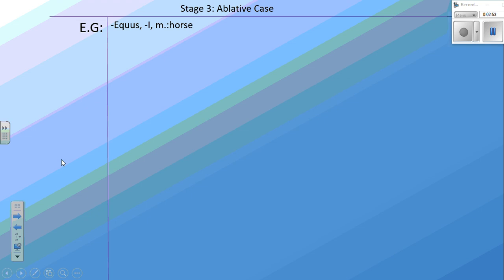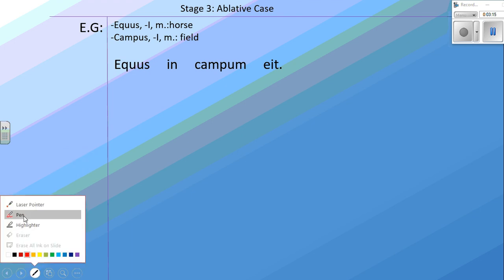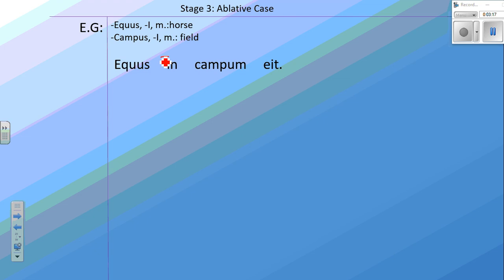So some examples showing the difference. We have a couple nouns we'll work with that you haven't seen before, so we can just look at the grammar. Equus, equi, means horse, and campus, campi, means field. So my first sentence, I have equus in campum it. I'm going to grab my little marker. There we are. So here's my prepositional phrase, right?